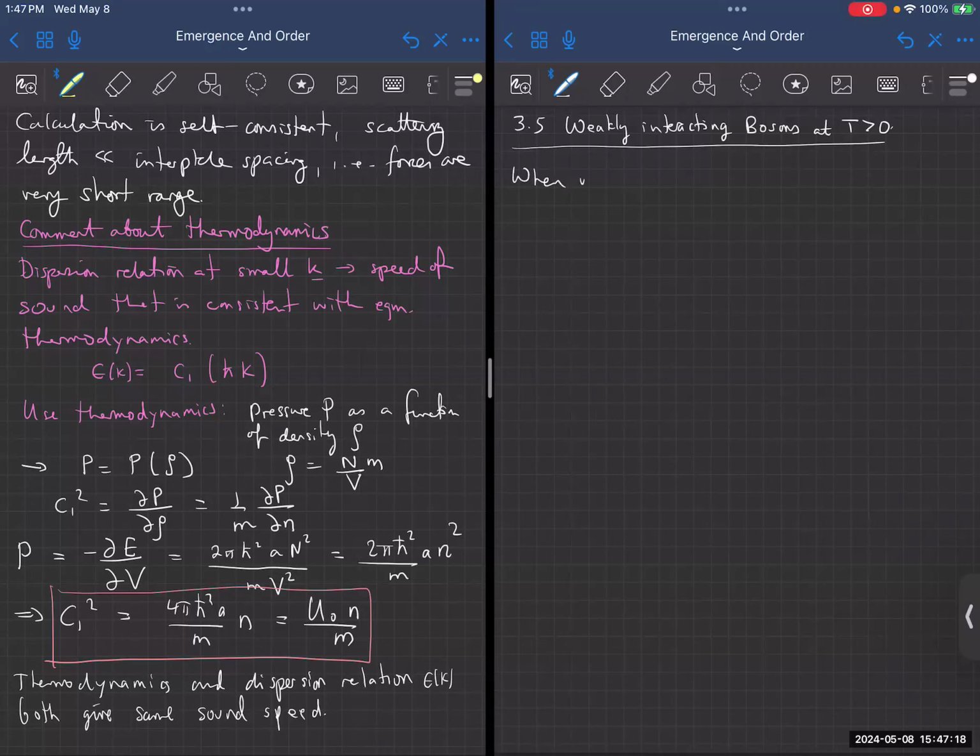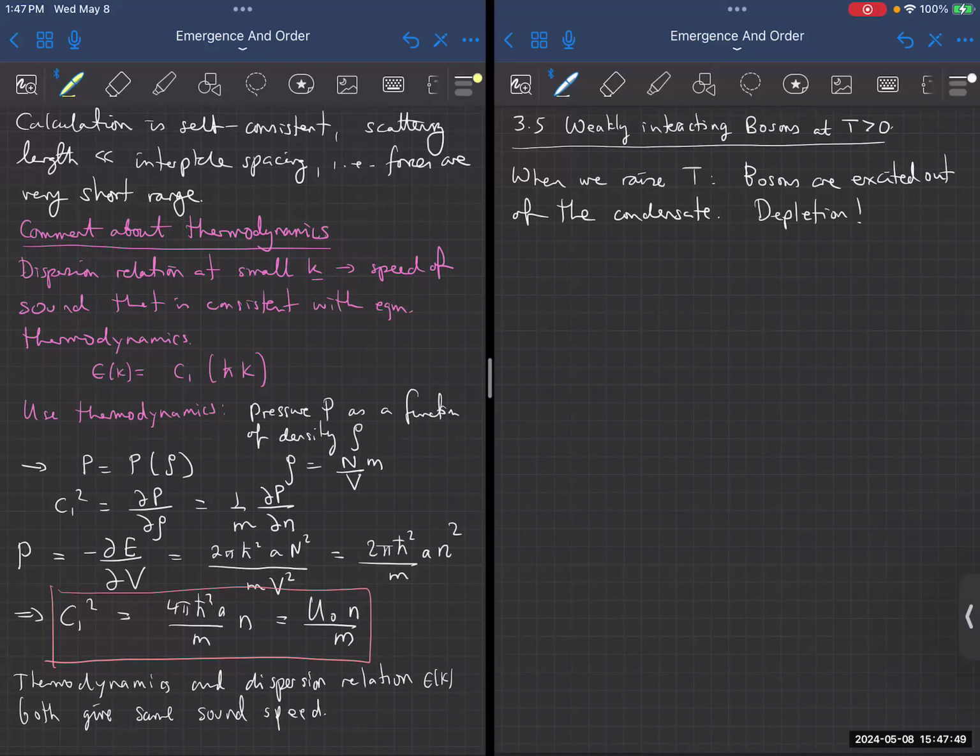So when we raise the temperature, then some bosons are excited out of the condensate. And so we call that depletion. Okay, the condensate is depleted.